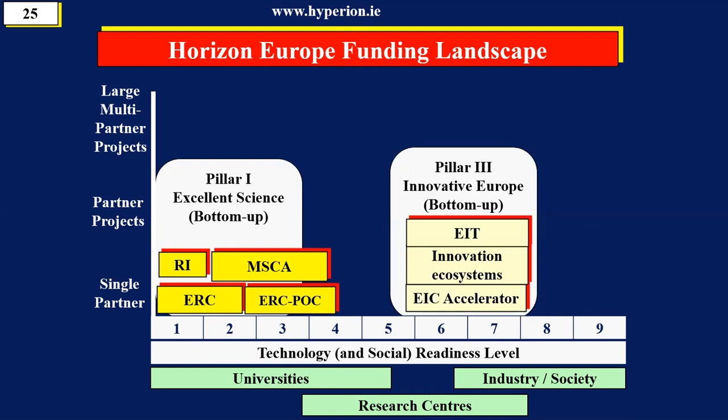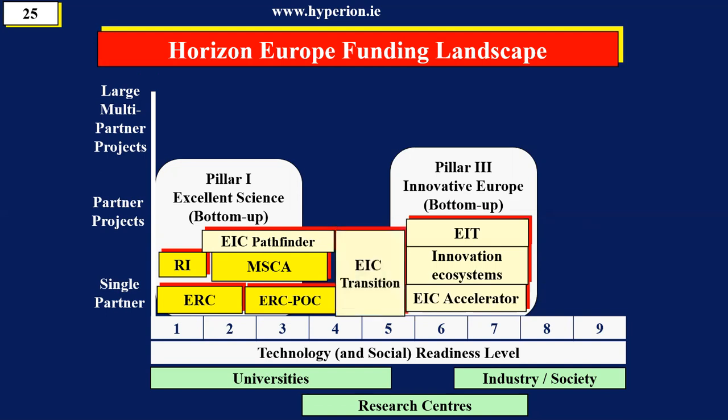So Pillar 3 appears to be more relevant to companies or incubators. However, within Pillar 3, there is something called EIC Pathfinder, which is actually more relevant to universities and research centers. So we have to give this special attention when we're talking to universities and research centers. And if you discover something commercial, you can then apply for the EIC Transition.